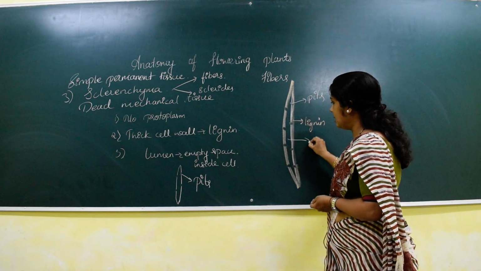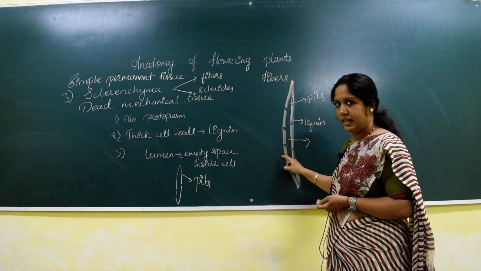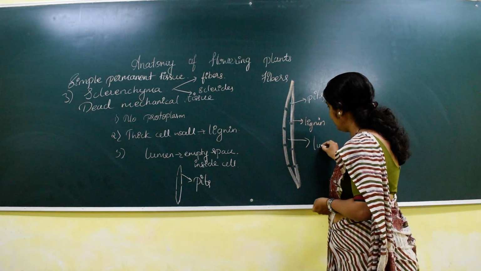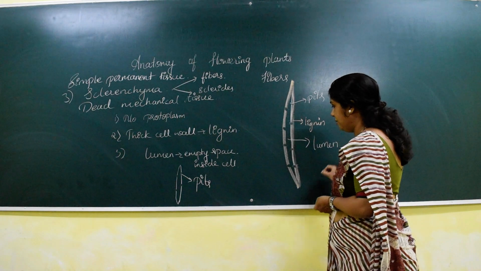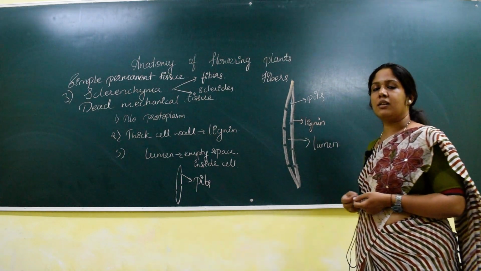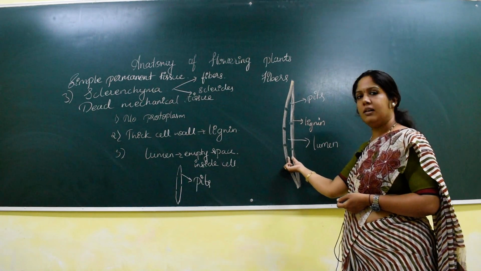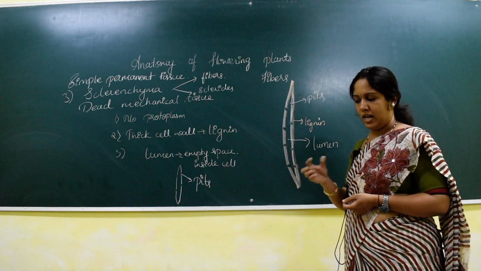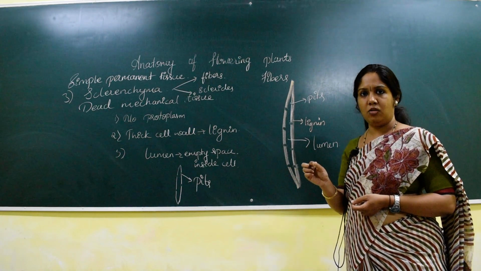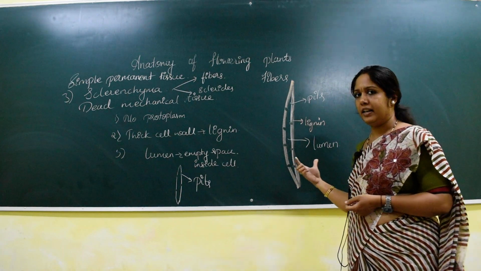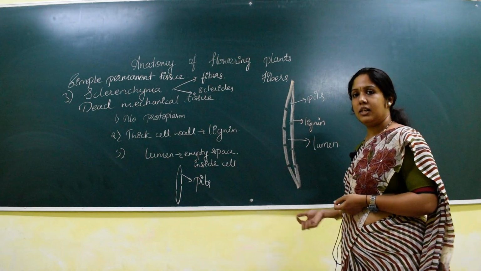And the empty space inside the sclerenchyma fiber is called lumen. The lumen here is narrow, it is not wide. If it is very small we say narrow, and if it is very large we say wide. So the lumen here is narrow.